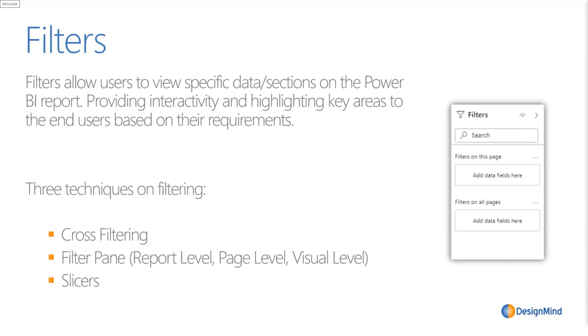Inside the filter panel, there are three different filter options: the page level filter options, the report level filter options, and the visual level filter options.